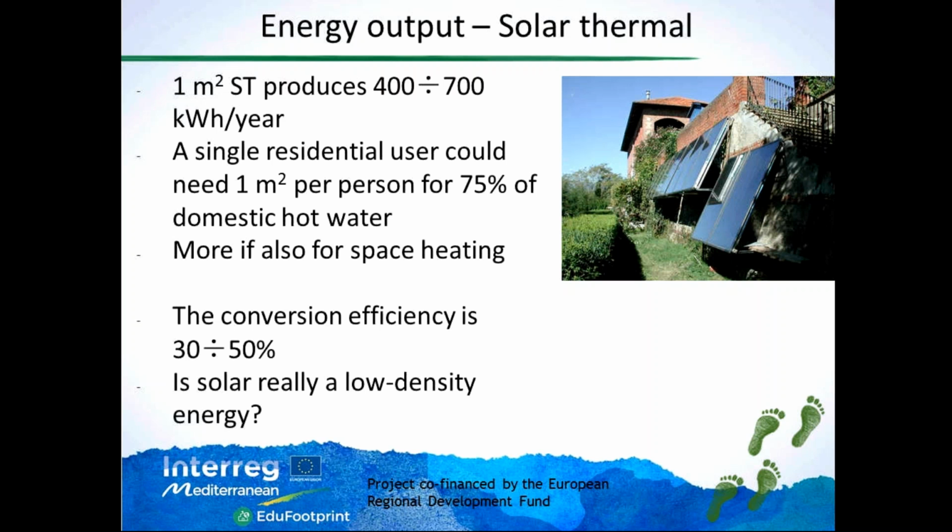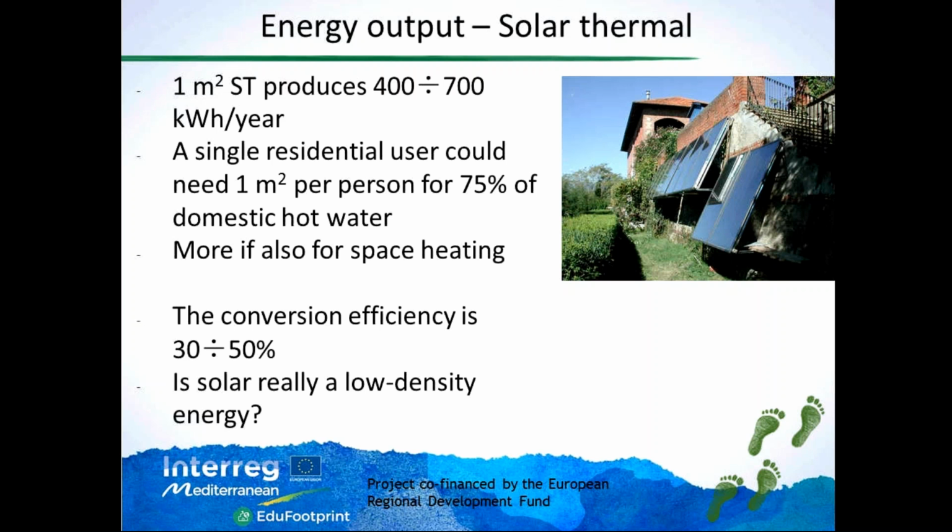So in this case, if I look again at 1 square meter of solar thermal, just to have a reference value, it can produce between 400 and 700 kilowatt hour per year of heat. What does it mean?